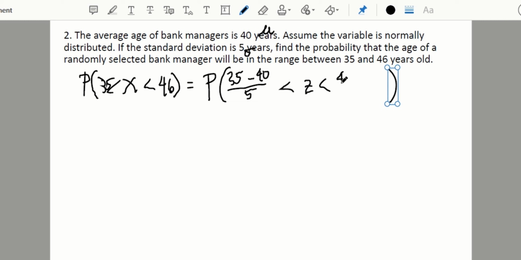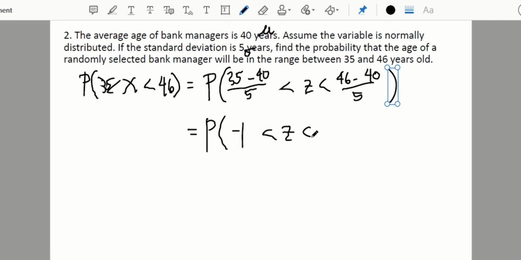And the other one is 46 minus 40 divided by the standard deviation 5. Okay, and you may use your calculator to solve for this one. So obviously this is negative 5 over 5 is negative 1.